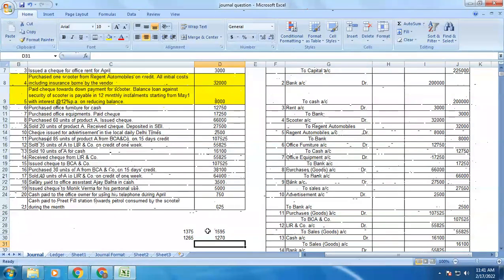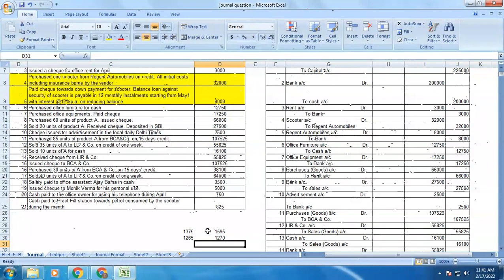The purchase on the 16th. Then sold 40 units at the rate of 64,000. So इसका मतलब 1600. Then on the 18th salary, then personal use, cash paid, cash paid. ठीक है. So ये हमारे total purchases and sales हैं.